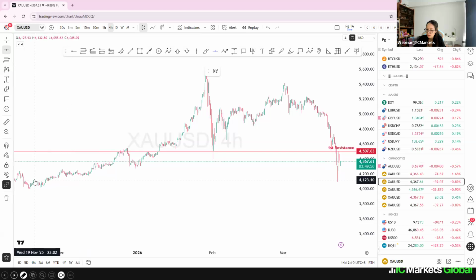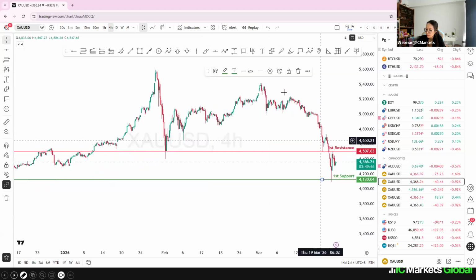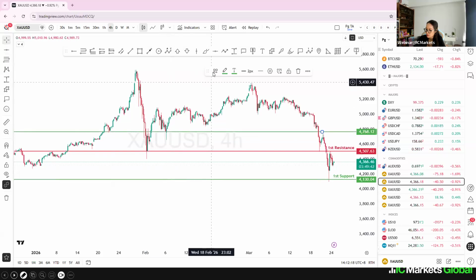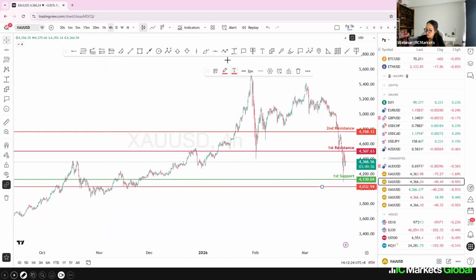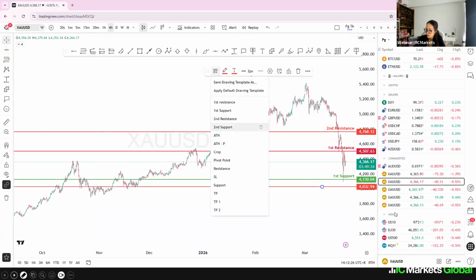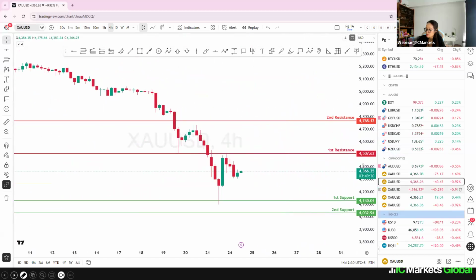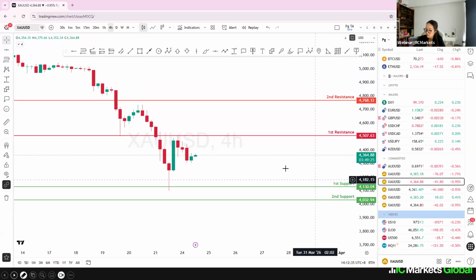Support level is here. The next resistance, whenever price comes, you wait for confirmation. This is the second support level. Now I think it might go sideways because yesterday it moved a lot. So these are the key levels for today.